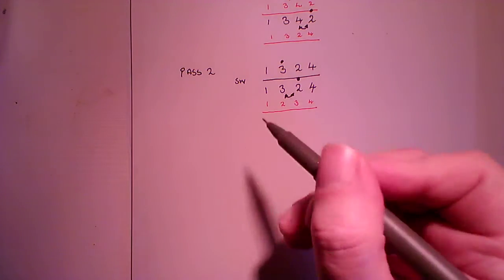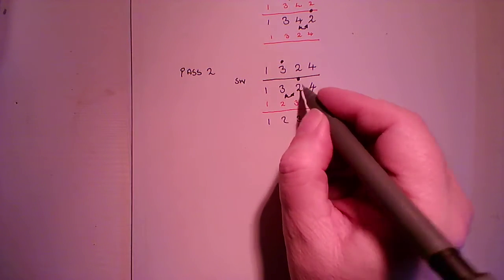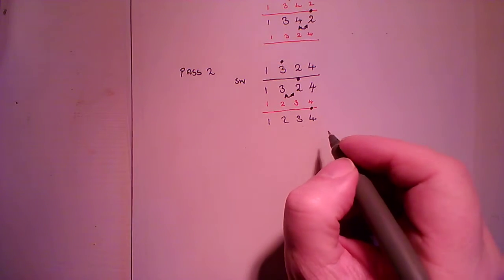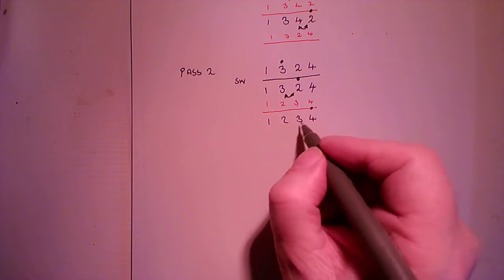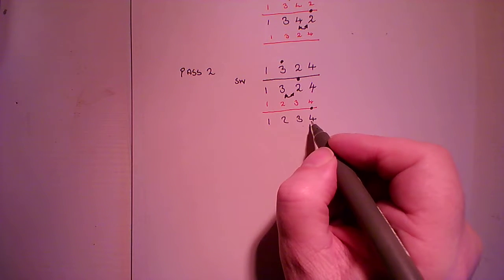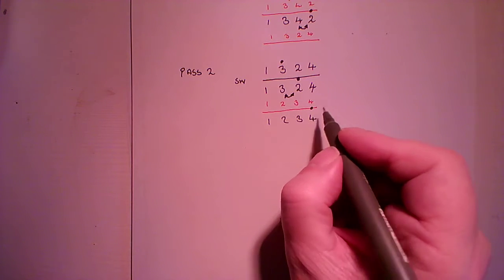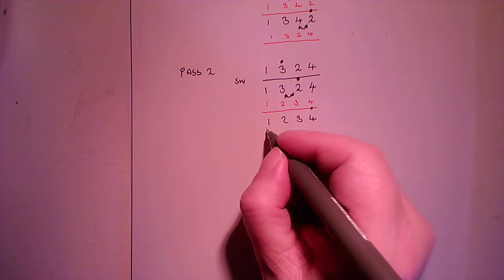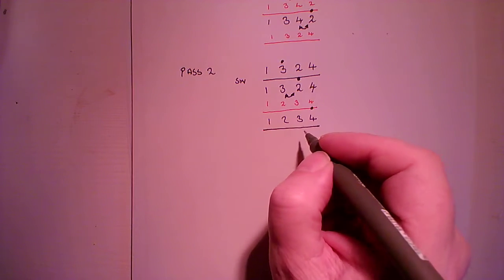So write out my numbers again. 1, 2, 3, 4, and this time I'm putting my dot on top of the 4. Now you can see that that list is already ordered, but we haven't finished, so this is where you really need to pay attention. Checking again, 4 is not less than 3, so there is no swap, and that is the end of that pass.